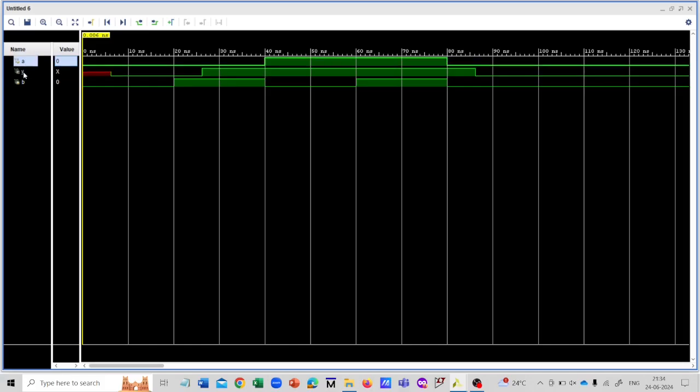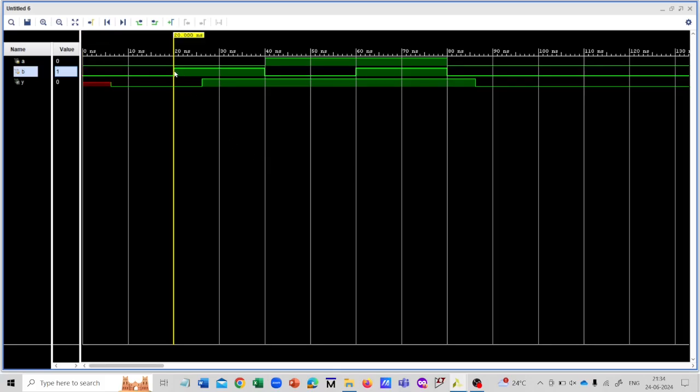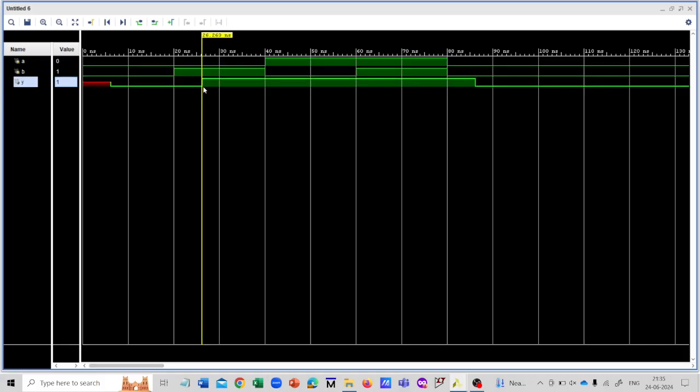Again, let us move A and B to the top. Again, the first event in B occurs at 20 nanoseconds, as we had seen earlier. Let us see when the expected response at Y is occurring. You can see that it occurs at a delay of 6.263 nanoseconds, which is more than the 5 nanoseconds.